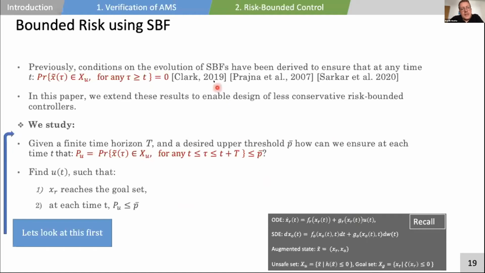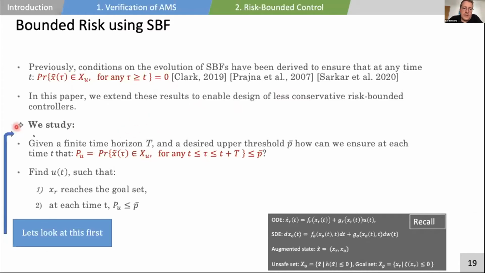Previously, conditions on the evolution of SBFs have been derived to ensure that at any time the probability that the state of the robot is in the unsafe set for any tau greater than or equal to t is equal to 0. However, in this paper, we extended these results to enable design of less conservative risk-bounded controllers.